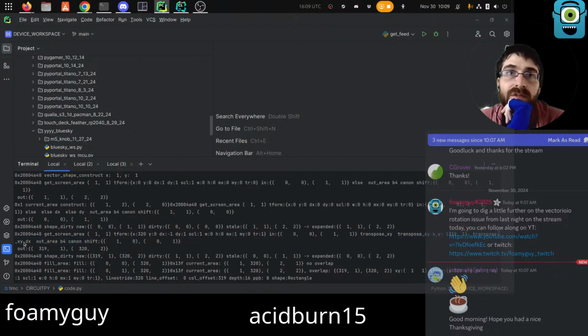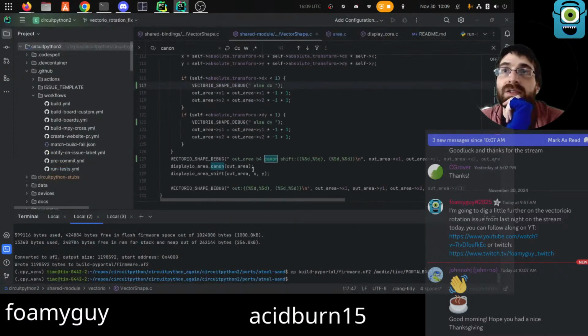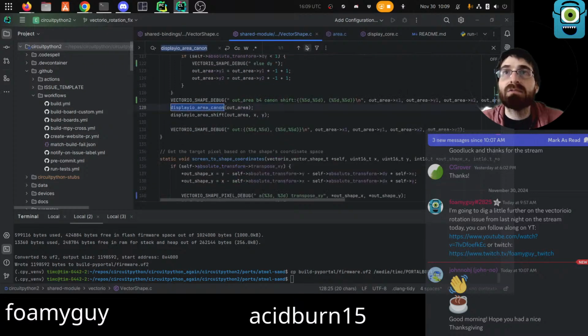So here is our out area before cannon shift. I printed cannon shift just to get straight. I don't know what that would mean. The area cannon.